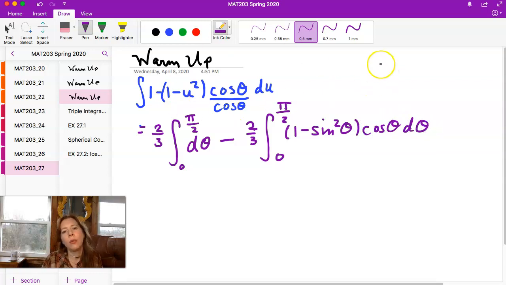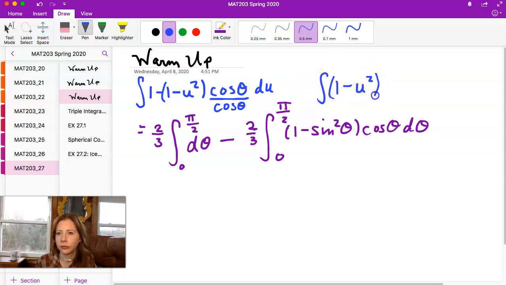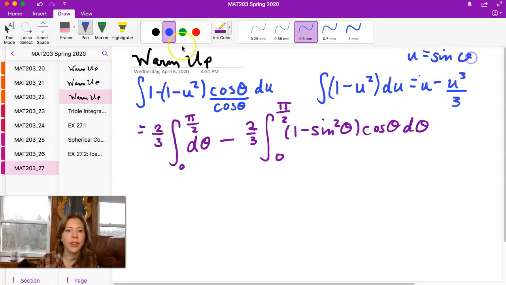Okay, so with our u sub, this piece became the integral of 1 minus u squared du, which was just going to be equal to u minus u cubed over 3. And so for these u's, we had to plug back in sine theta. But for this one right here, you have to be careful, we're just integrating d theta and getting theta.